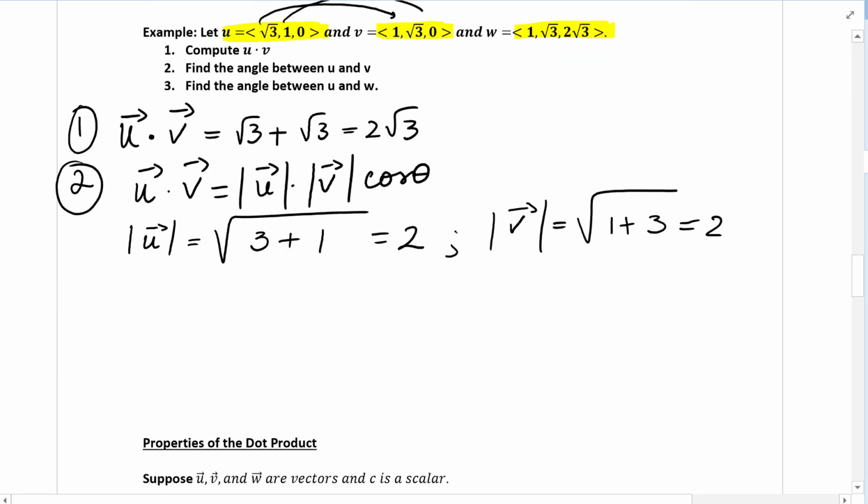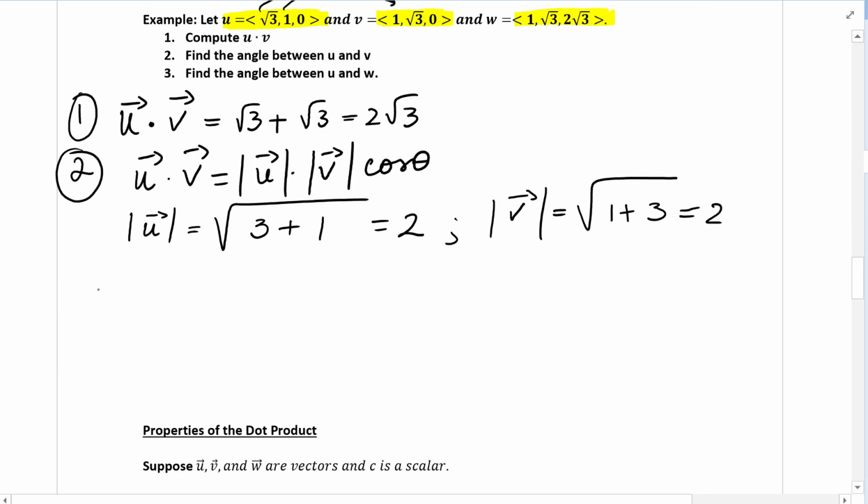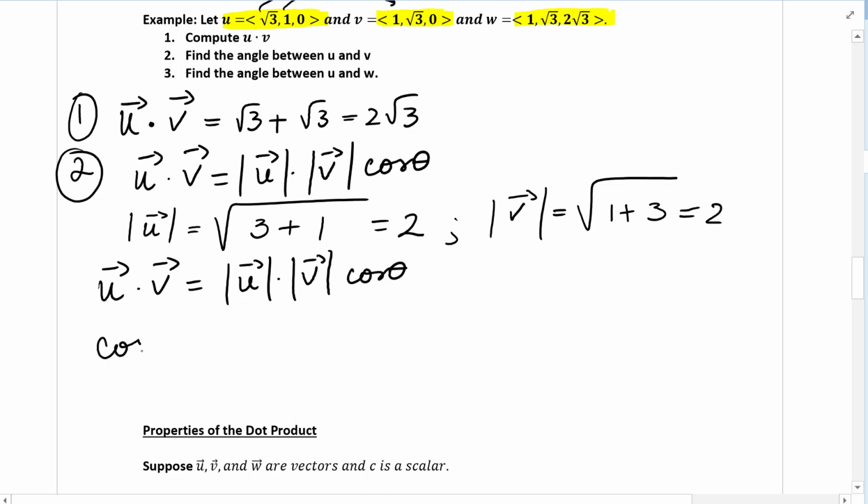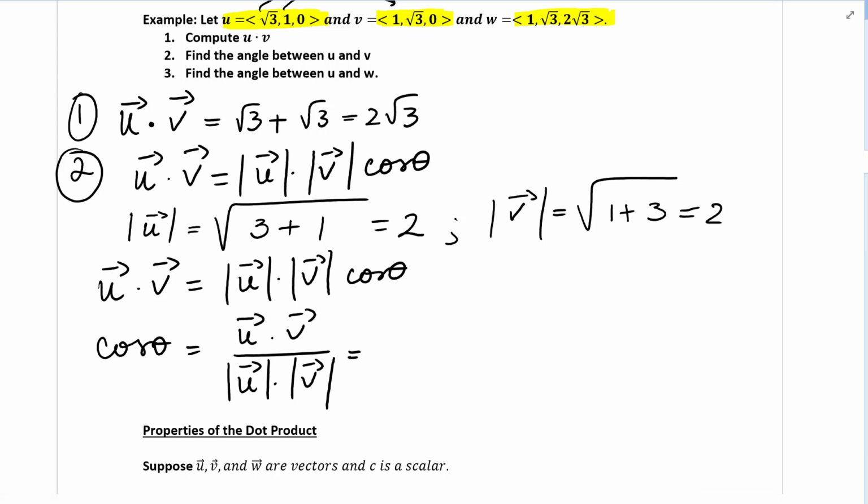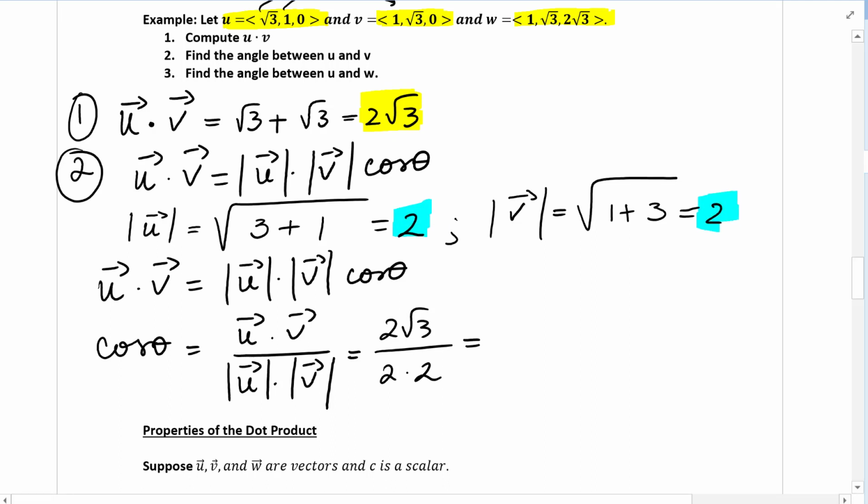If we replace in the dot product formula, cosine theta is the dot product of u and v over the magnitude of u times the magnitude of v. So u dot v is 2 square root of 3, and then 2 times 2 found before. So we get square root of 3 over 2.